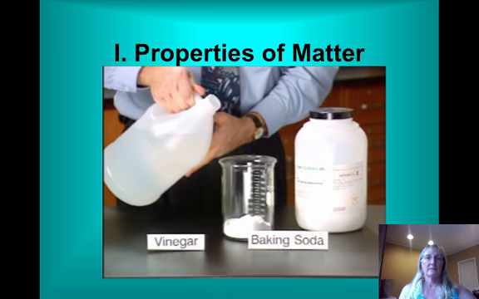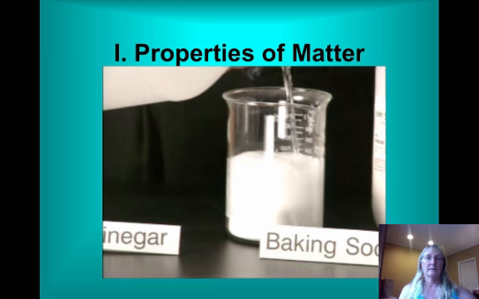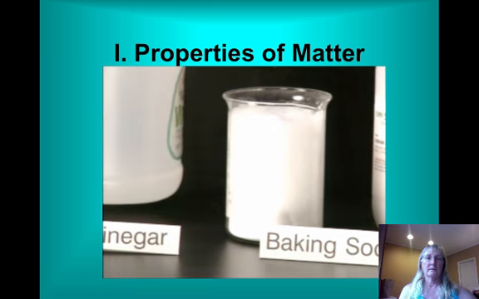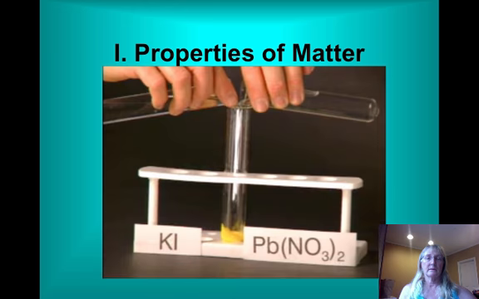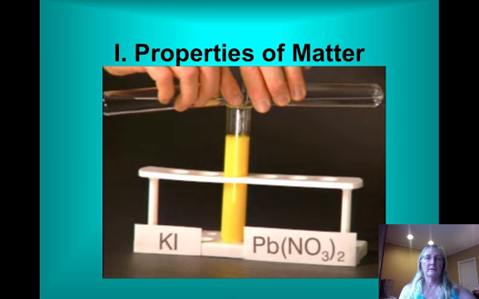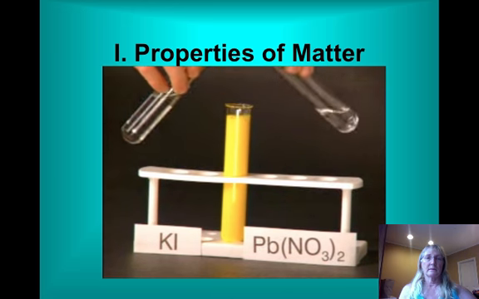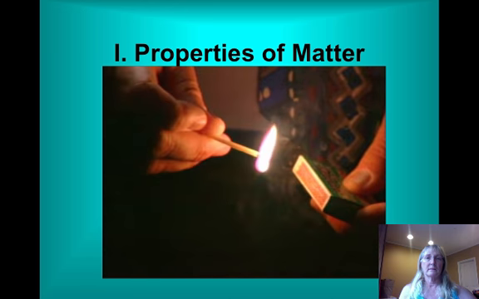Sodium hydrogen carbonate, baking soda, reacts with acid to give off carbon dioxide gas. Lead nitrate reacts with potassium iodide to form a yellow precipitate of lead iodide. Red phosphorus can undergo combustion in air.